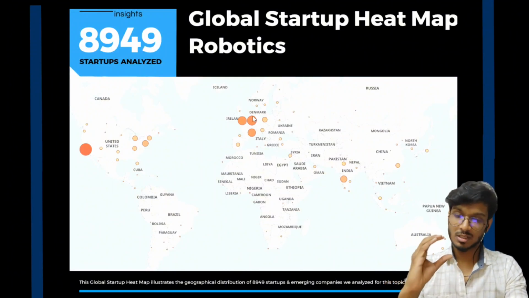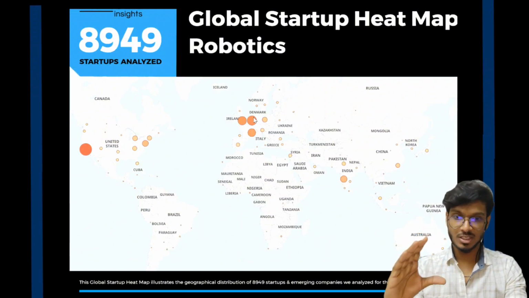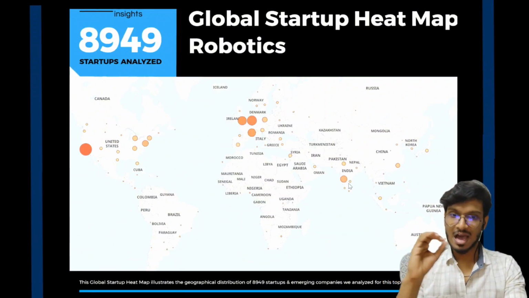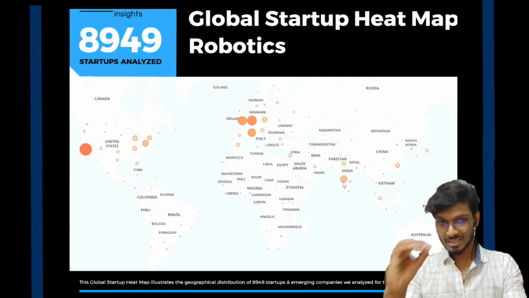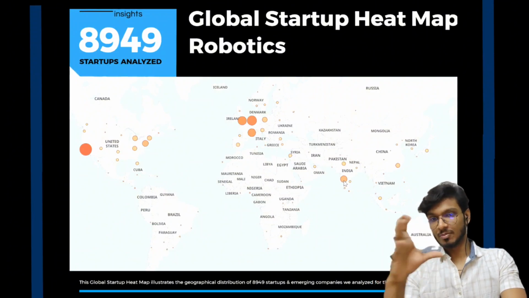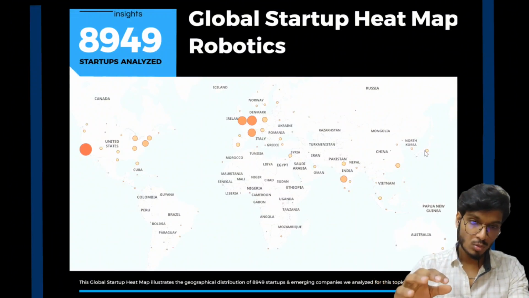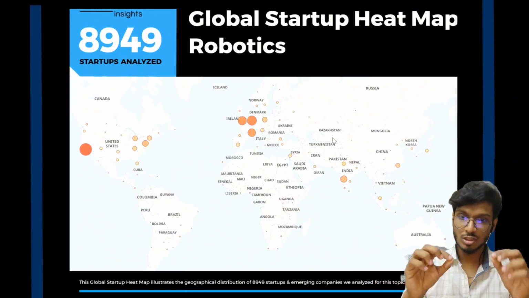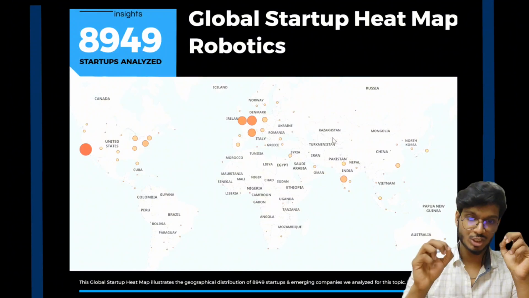So these circles indicate the extent of robotic startup companies present in that area. You can see that here in India, near Karnataka, Bangalore, there is also one average sized yellowish circle. It means that there are startup companies, but it is not that big as compared to the USA and Europe. And you can also see there are so many other places in the whole world, denoted with very small, minute circles and lighter shades of yellow.